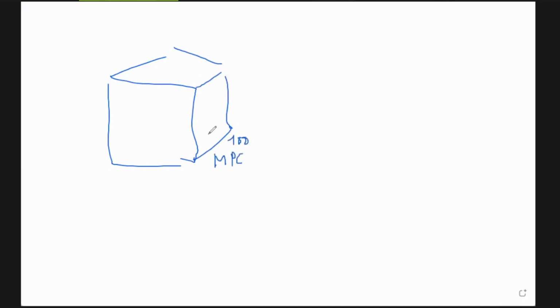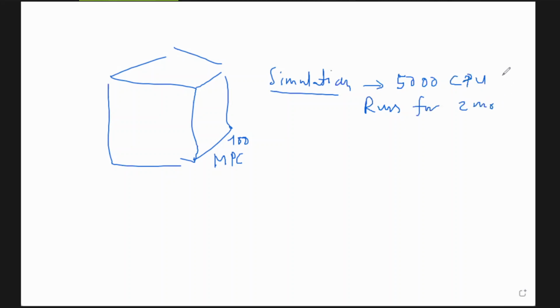It is actually a huge simulation because you are trying to reproduce the universe. Sometimes 5,000 high-performance CPUs run for 2 months. So it's called supercomputing. In AI also we do it, but not in that very high range.